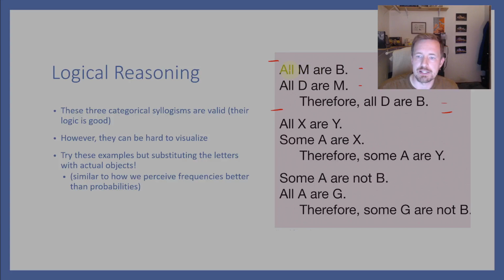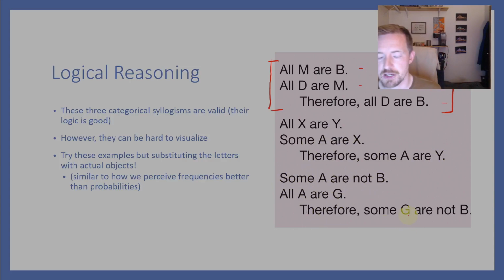So what we're saying here is all M are B, all D are M, therefore all D are B. This is true. So this is logically valid. This next one is too. All X are Y, some A are X, therefore some A are Y. Then finally, some A are not B, all A are G, therefore some G are not B.